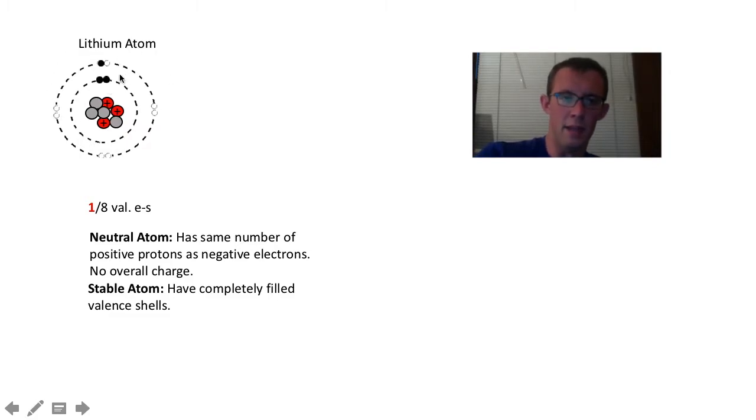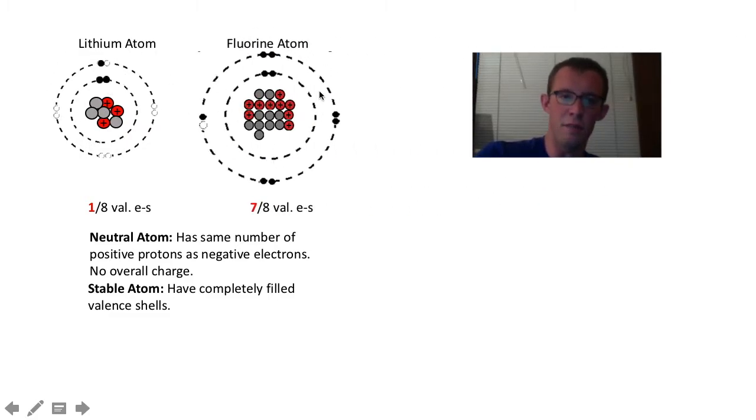So what this atom can do is find an atom of a different element, in this case a fluorine atom, that would need 1 valence electron in order to become stable. You can see that this fluorine atom's valence shell isn't completely filled, but it only needs 1 valence electron. And this fluorine atom will attract the electron away from the lithium atom, and in the process, stabilize both of these atoms' valence shells.